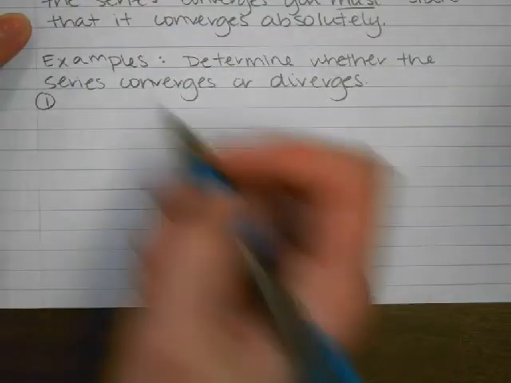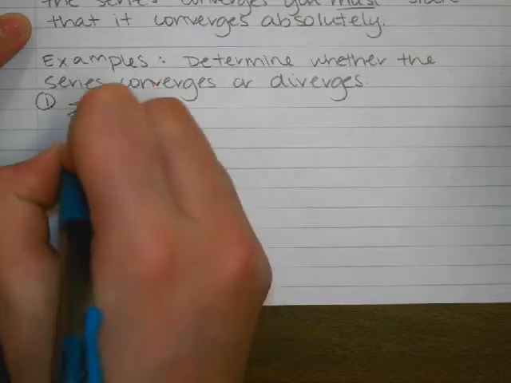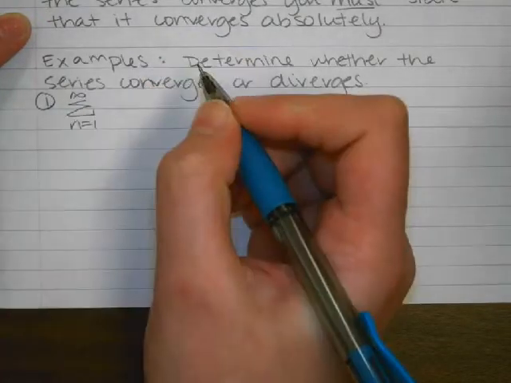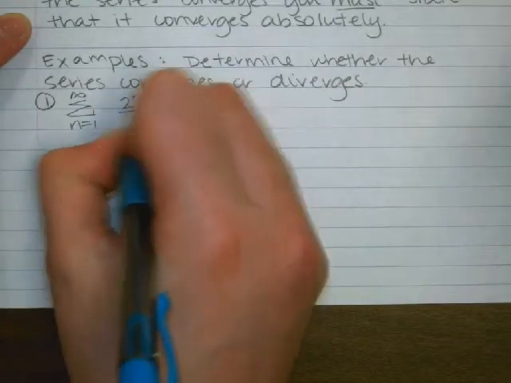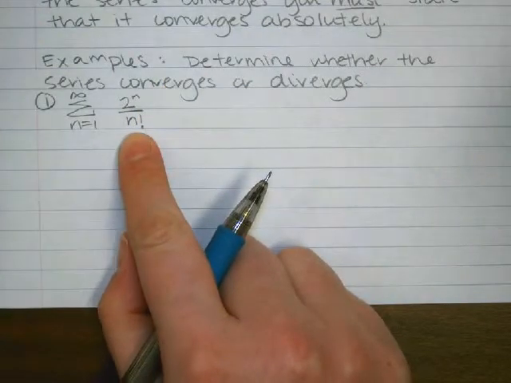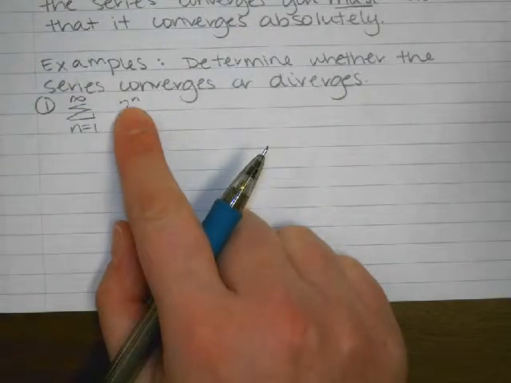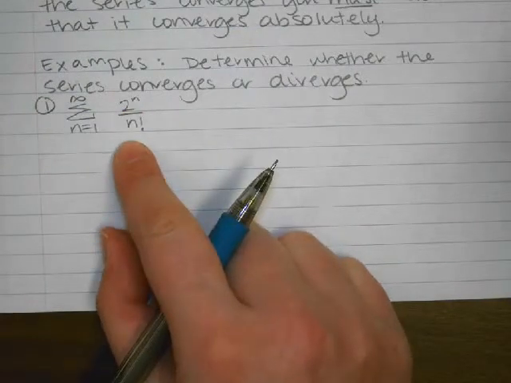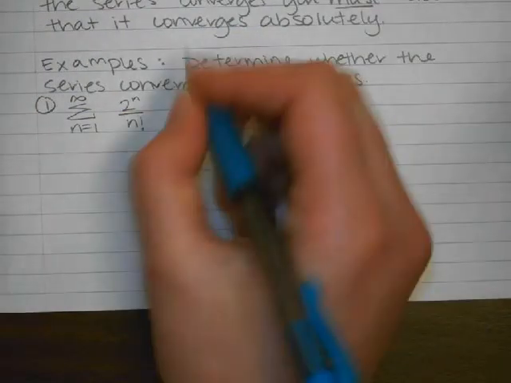All right, so example 1, we're going to do 2 to the n over n factorial. And so when we look at this problem, we see that it's a ratio. I do see an nth power, but I also see a factorial. And so this is a ratio test.